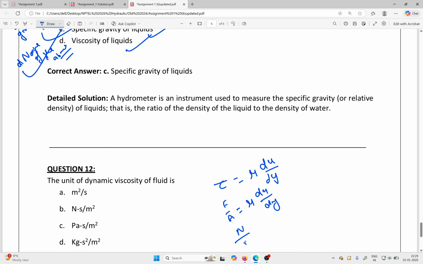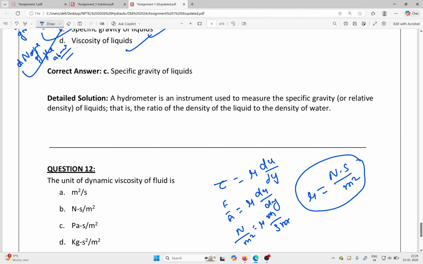So Newton per meter square equals mu times meter per second per meter. So this meter will cancel out. So dynamic viscosity is Newton second per meter square.